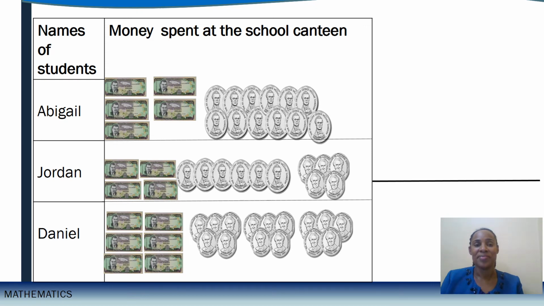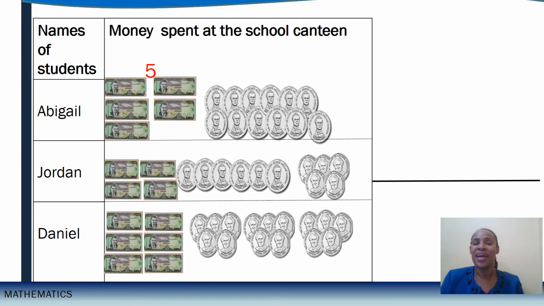Okay, great. So we see $100, $10, and $1. But for Abigail, how many $100 notes did Abigail spend? Great going, boys and girls. Abigail spent 5 $100.